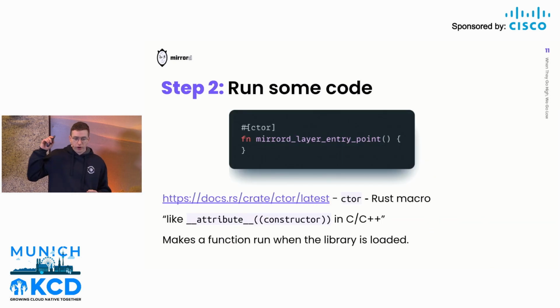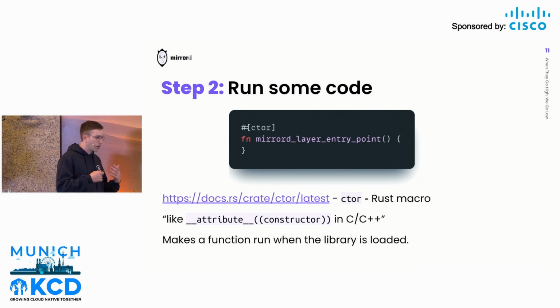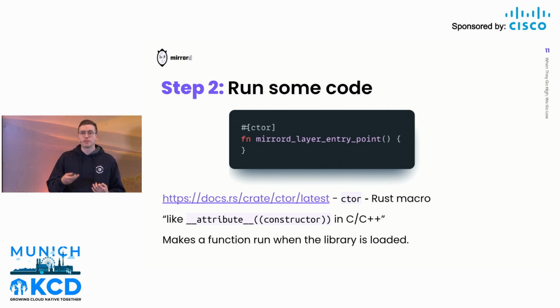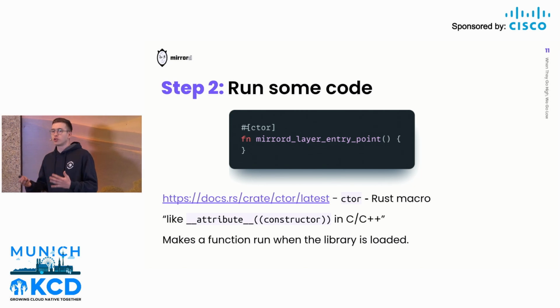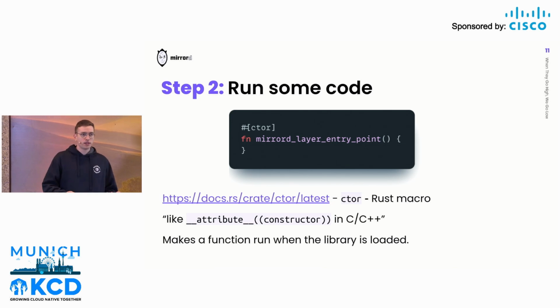Okay, so now our code is in there, but we still need to run it. Just having our code inside the process's memory doesn't mean it runs. Of course, the user application doesn't call our code, doesn't execute it, because it isn't and shouldn't be aware of mirrord.